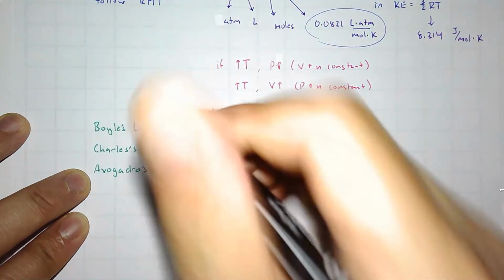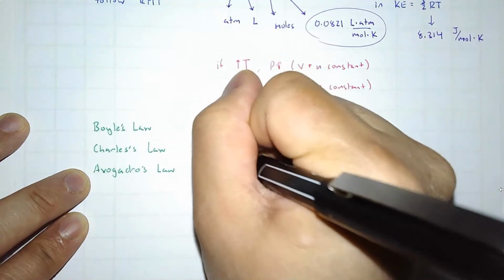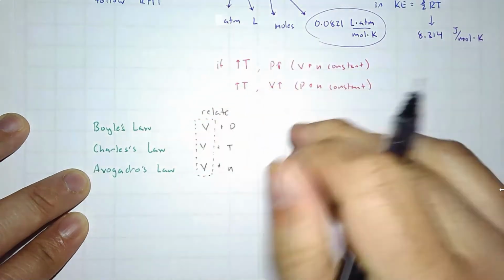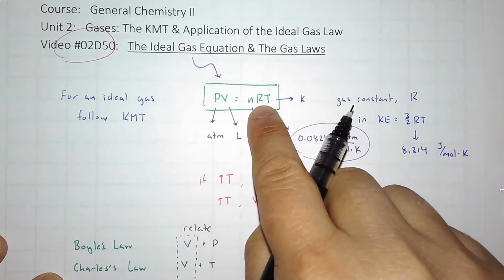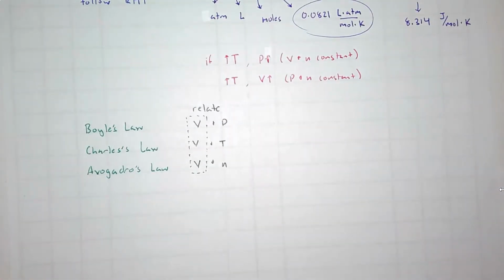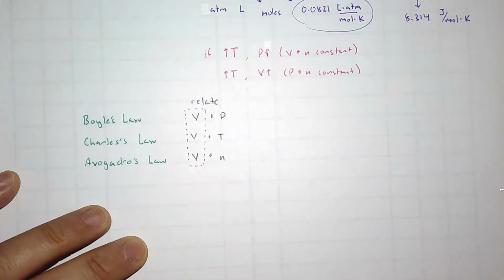But again, they all relate volume to some variable. Now you have to assume that all the other variables are constant, as well as the R. Okay, so the law is reduced to an equation that's very useful.